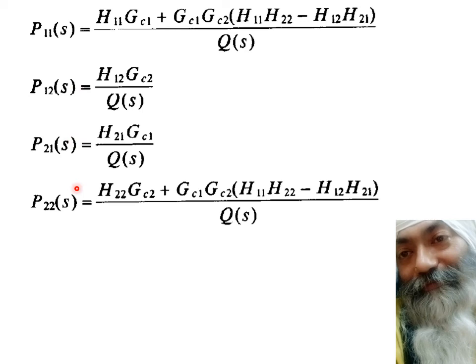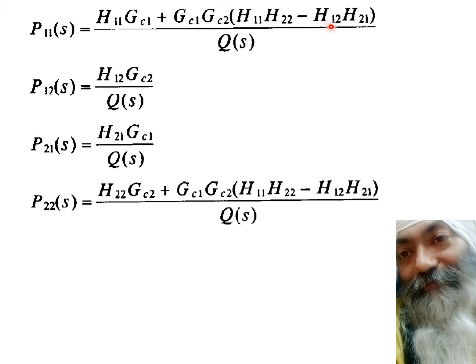Again, as I told you, if you want to come from this equation to this equation, the simple trick is to replace all ones by 2. This is 1, this is 1, replace it by 2, replace it by 2. This H11 becomes H22. This GC1 becomes GC2. GC1, GC2 remain GC1, GC2 even after you replace them, and so on.